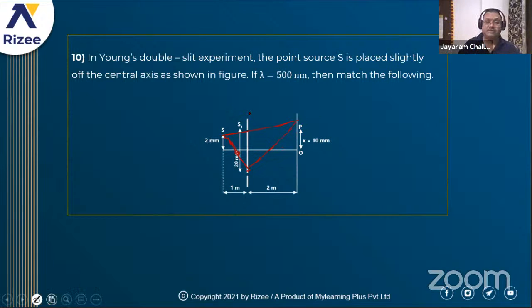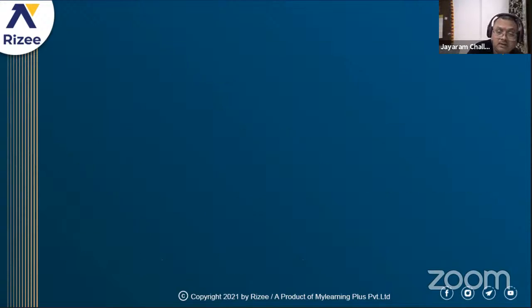So this is how the light is traveling to reach the point P. So now what is the path difference here? Let's first find out the path difference.